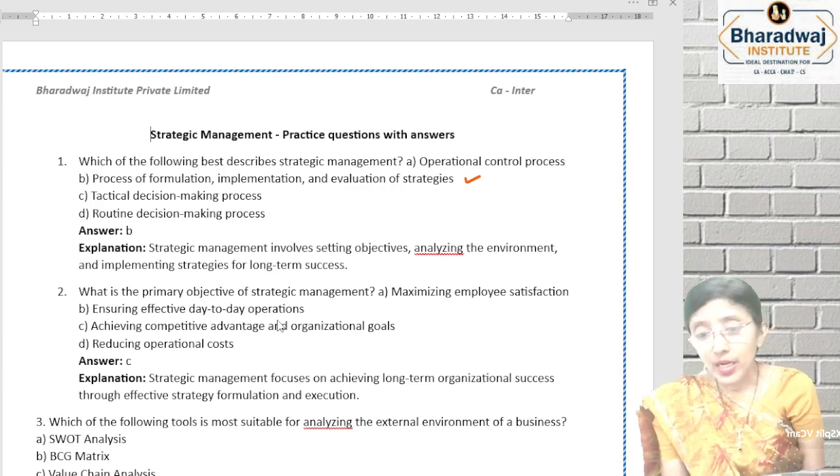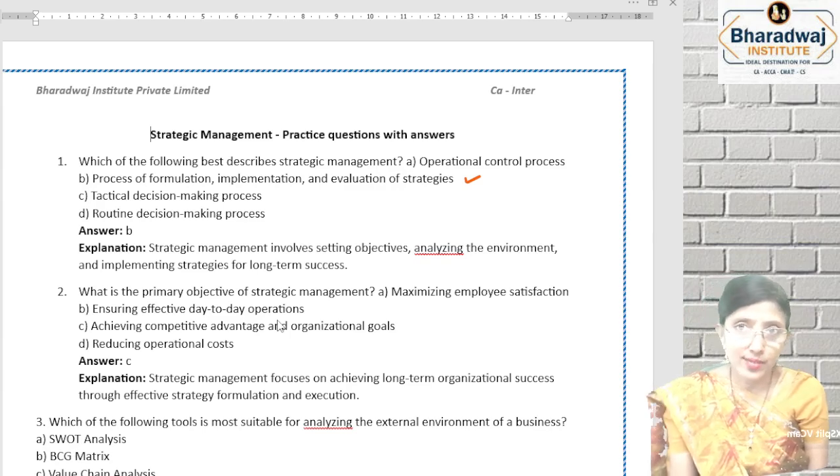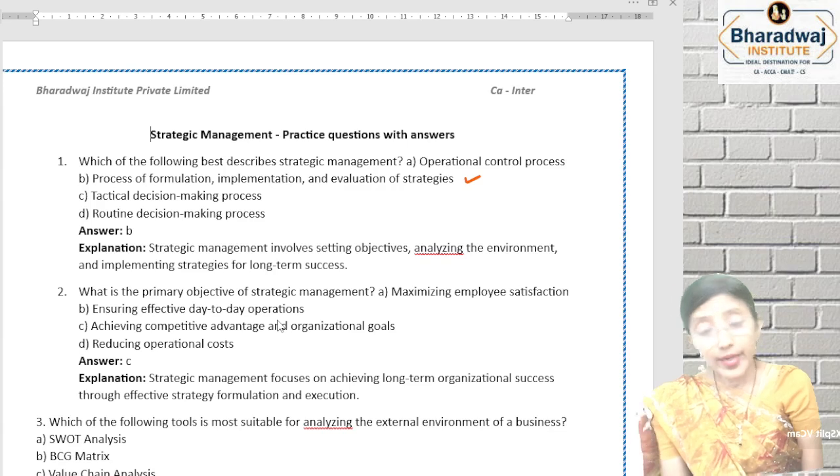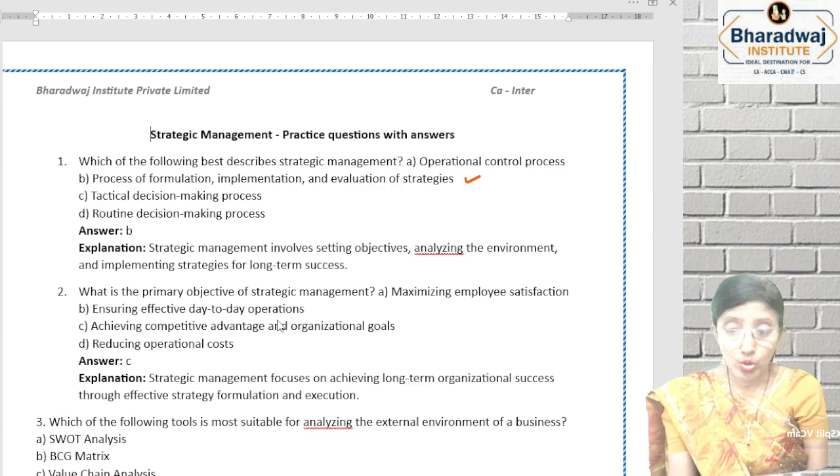C, achieving competitive advantage and organizational goals. D, reducing the operational cost. So what is the primary objective of SM?